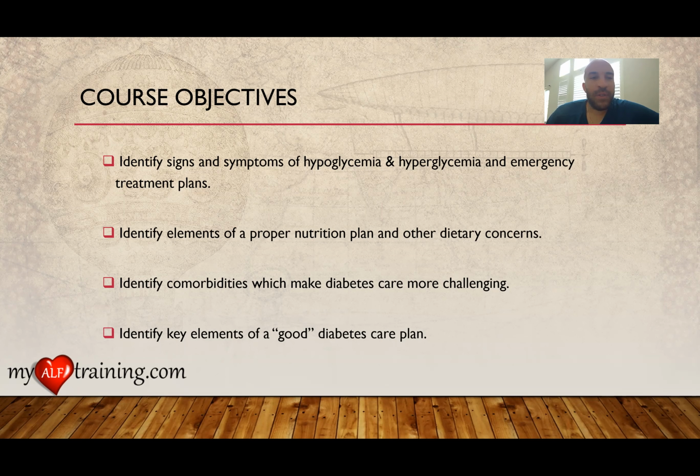So the first of these objectives is identifying signs and symptoms of hypoglycemia and hyperglycemia and some emergency treatment plans that we need to know to care for our patients who unfortunately find themselves in a life-threatening situation due to their diabetes. So our next objective is identifying elements of a proper nutrition plan and other dietary concerns that are specific for patients with diabetes.